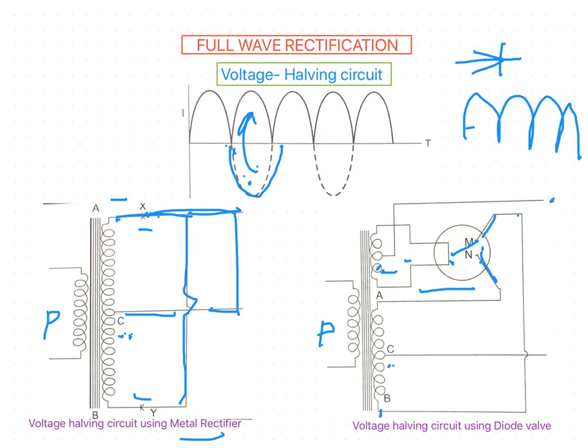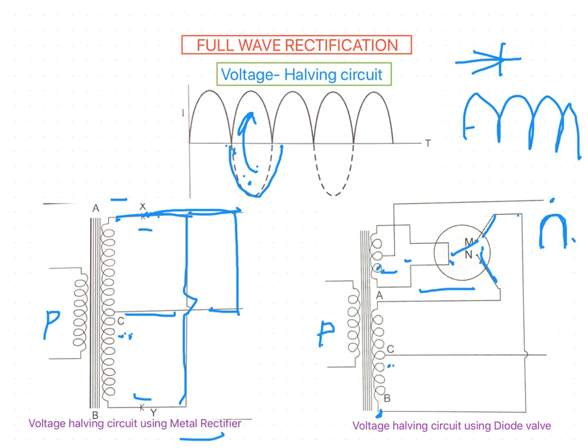So B is positive here, isn't it? So here it comes through this way. That means it is now completing one alternating half cycle. It is rectified here.